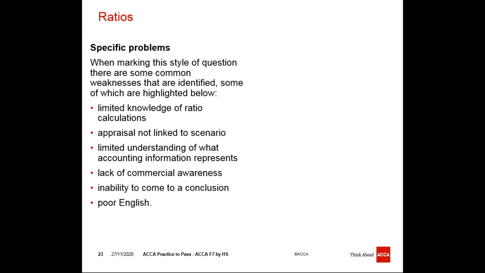Appraisal not linked to the scenario. This is one of the problems: usually people give generalized comments, which are not acceptable to the examiner. Right? It might be that the gross profit has increased because of this, this, and that.